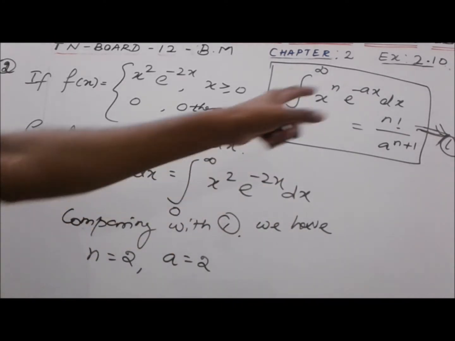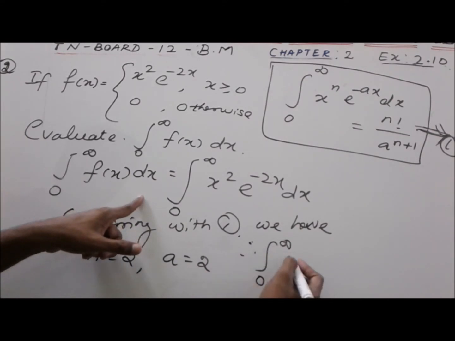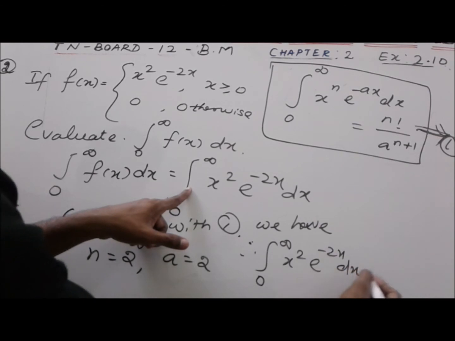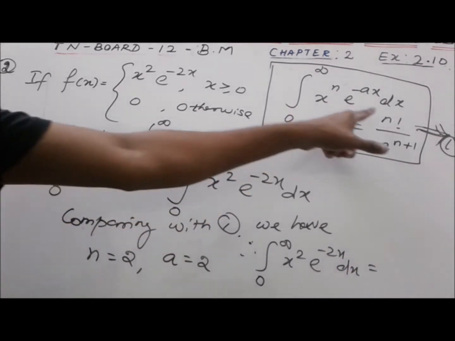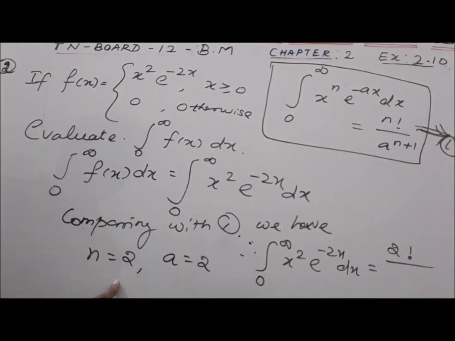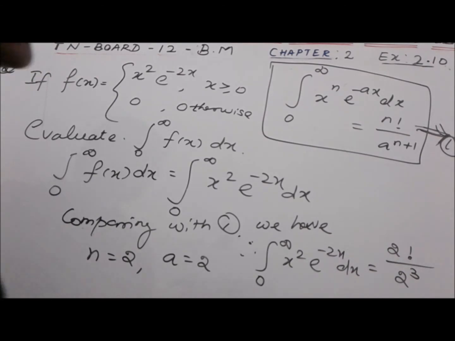Substituting the respective results, therefore the integral from 0 to infinity of x power 2 e power minus 2x dx is equal to n factorial, that is 2 factorial, divided by a power n plus 1, 2 power 3.